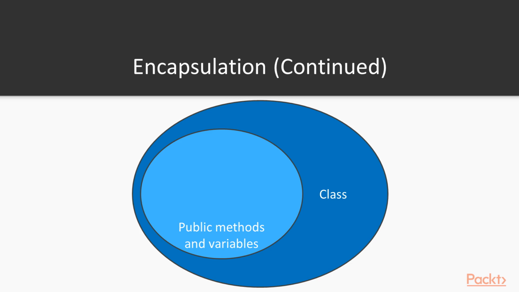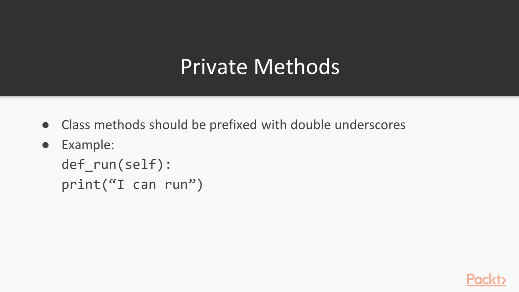Any method or variable that uses a double underscore, which we will look at with a simple program, comes under private methods and variables, as opposed to public methods and variables. You will understand this diagram as we go through a simple program code. A private method should be prefixed with a double underscore.